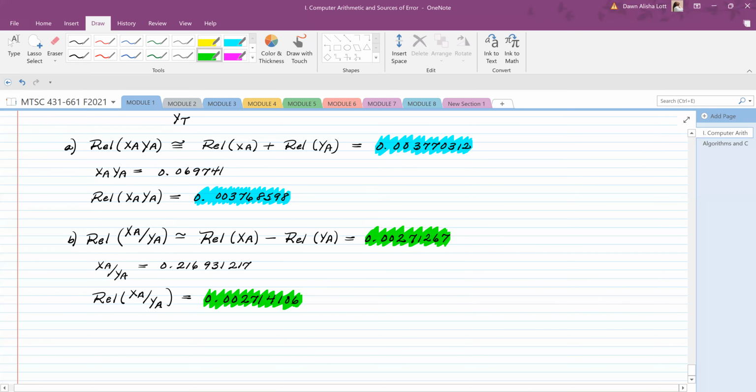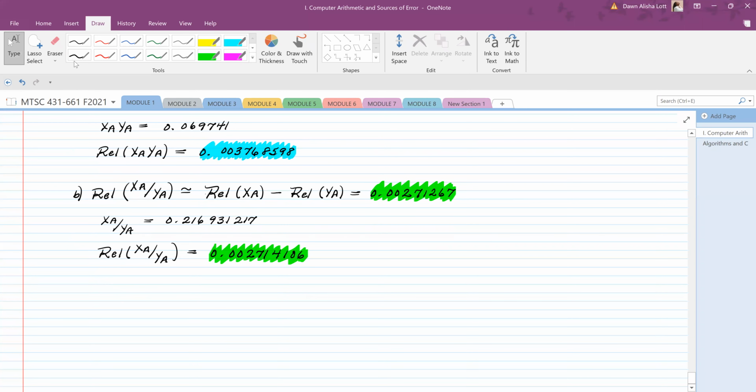Now, we also said we didn't really know what would happen if we looked at the sum and the difference. So here is X approximate plus Y approximate, and that turns out to be 0.69.